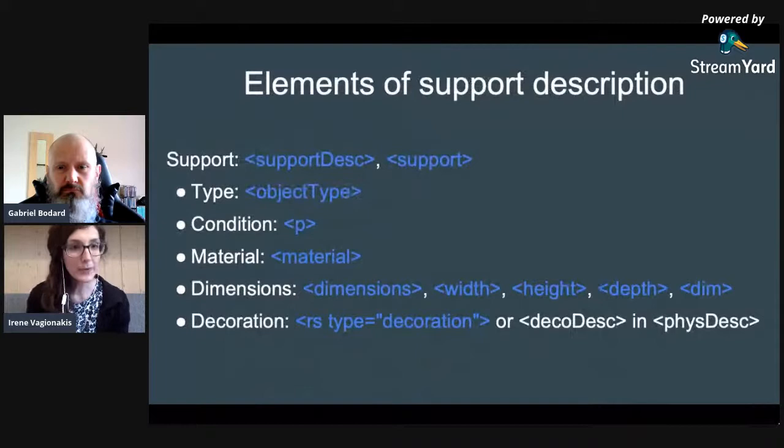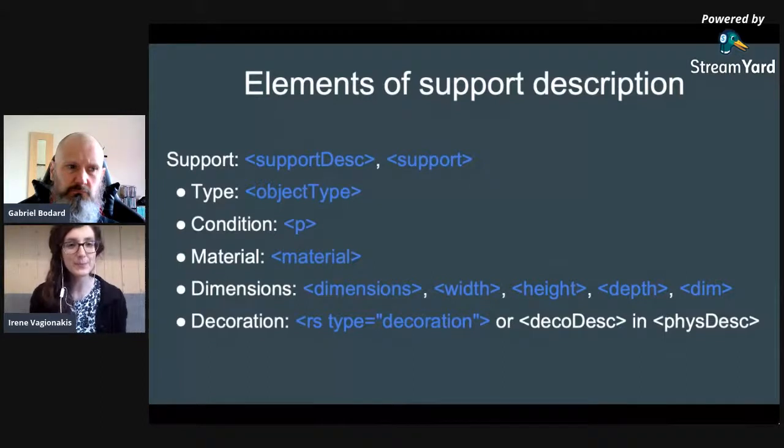So to sum up, for describing the support, we have the support desc surrounding all the description, inside which we have the support element. And specifically for the type, we use the objectType and the material for the material. And we have the dimensions with height, depth, and dim. We can use the rs type decoration for decorative elements inside a larger p paragraph, including everything.